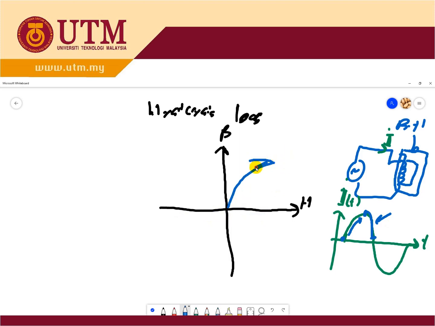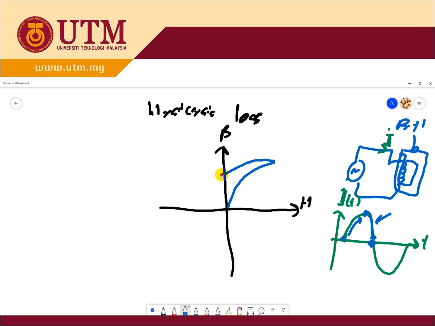It will not go in the same direction here, because of the magnetic material, it will lag. Because of the lagging, B will try to maintain its value, but at the end it will reduce. When H is 0, at this location, there is still magnetic flux.